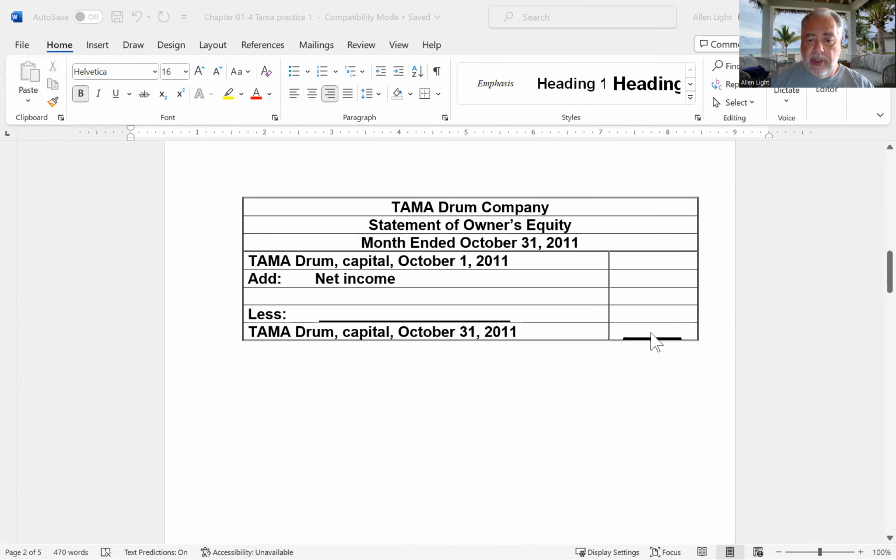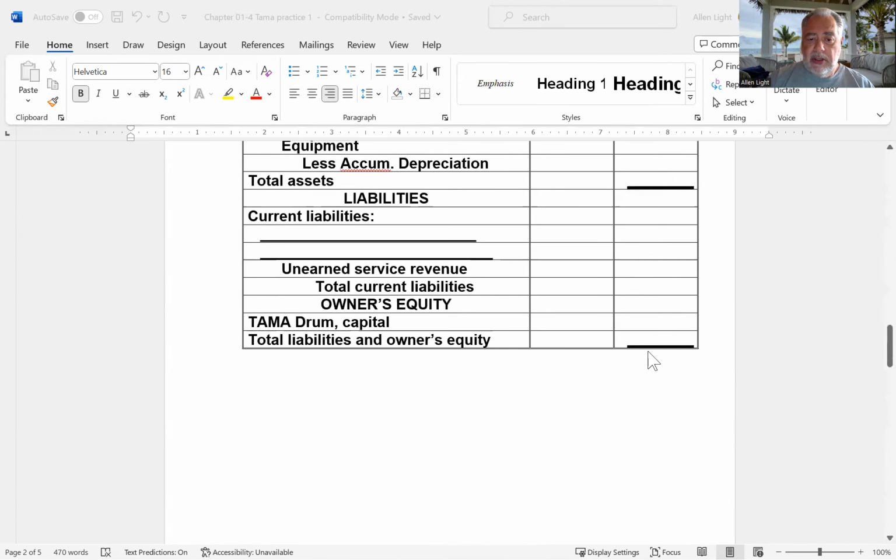We're going to take this amount and put it right here. So now we're going to have total liabilities plus owner's equity. We're going to add those together, and there's our total liabilities and owner's equity. Now, based on our equation, this number and this number should equal.